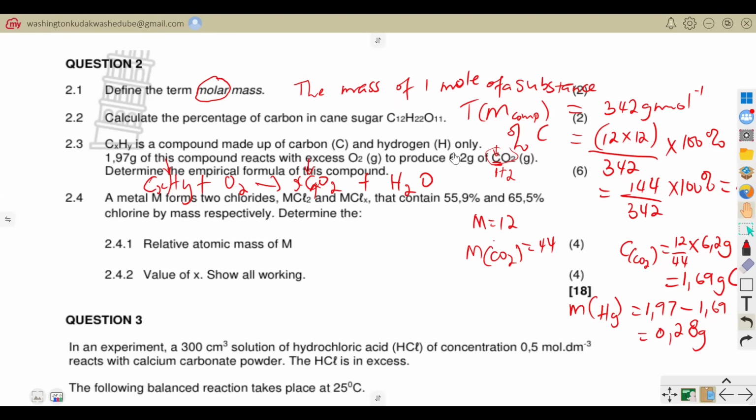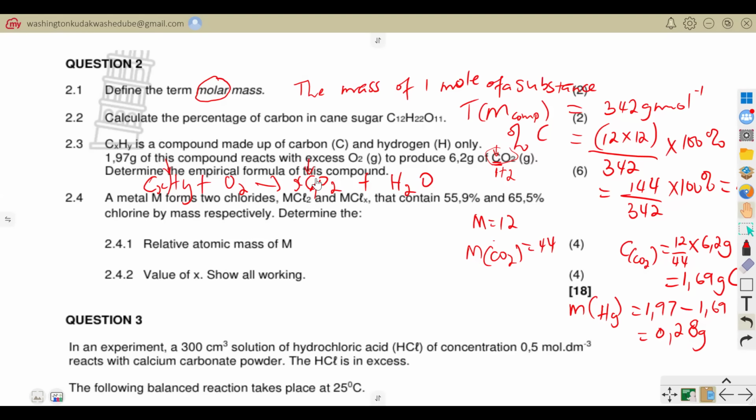So the first thing is to determine the mass of carbon in carbon dioxide by using the mass composition and then multiplying by the total mass of this compound. Thereafter, we compare the mole ratios of the carbon, the number of atoms that I have for carbon this side and for carbon this side.